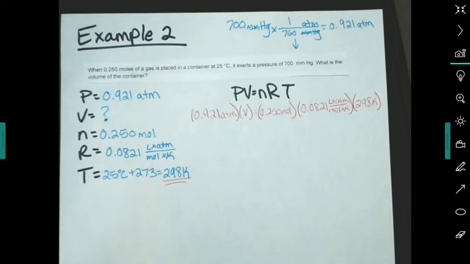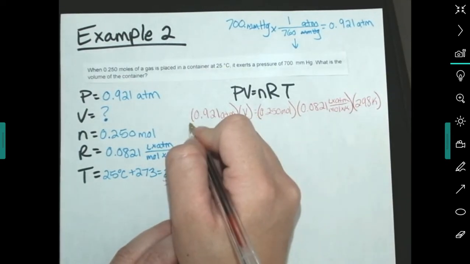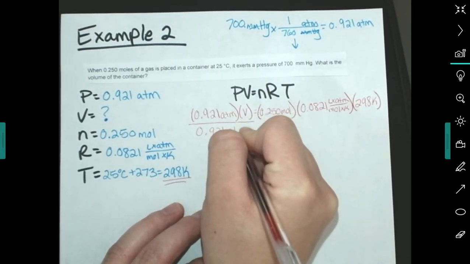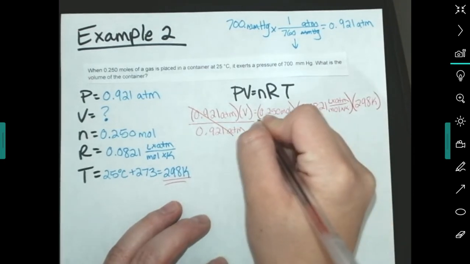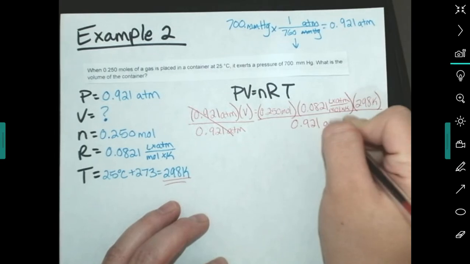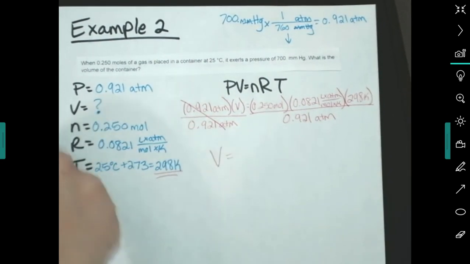It's volume. So let's divide by this to get rid of it on this side so that our variable can be isolated. So 0.921 atmospheres, divide, do the same thing to the other side. Okay, so now our variable's isolated. Let's figure out what volume is.